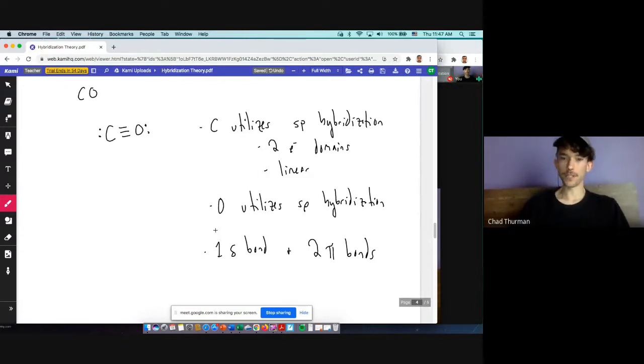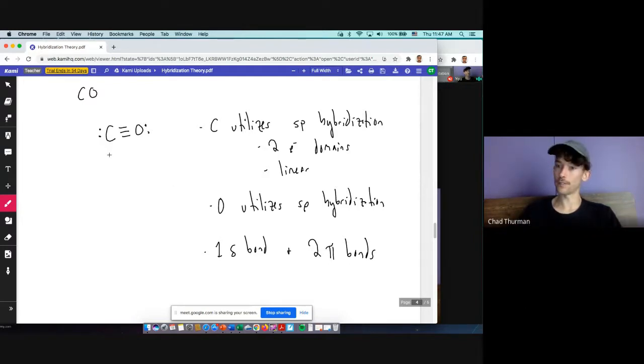Now, for those of you who are really curious about this and really tracking with me, you will recognize, of course it has 2 pi bonds, because this carbon here has sp hybridization. It has 2 leftover unhybridized p orbitals. The oxygen does as well. So because they both have that, they're both going to be able to form a pi bond with each other. 2 pi bonds, 1 pi bond for each leftover unhybridized p orbital.